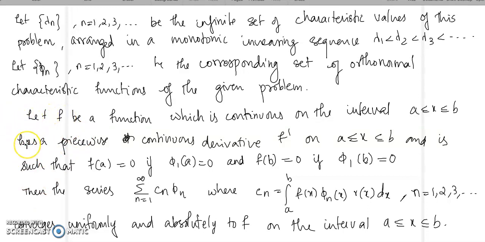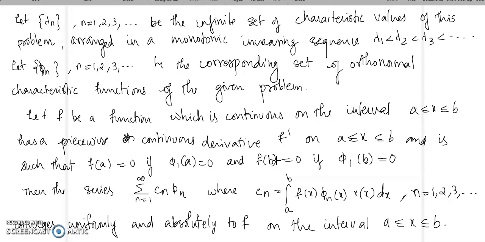This part of the theorem says what must be the condition on f, that is, what kind of function f should be. So let f be a function which is continuous on the interval a less than or equal to x less than or equal to b, has a piecewise continuous derivative f dash on a less than or equal to x less than or equal to b, and is such that f of a equal to 0 if phi 1 of a equal to 0, and f of b is equal to 0 if phi 1 of b is equal to 0.